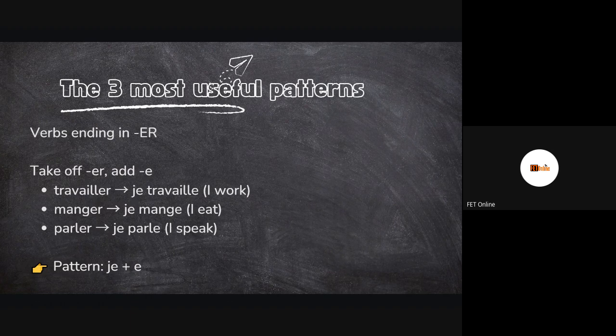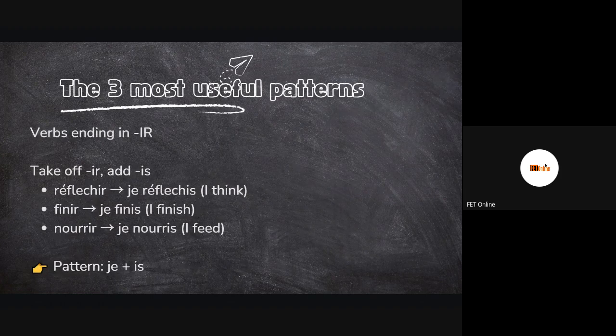The second group of verbs are called IR verbs. And what you do for IR verbs is you remove the IR and you add IS. Réfléchir is the verb to reflect or to think.